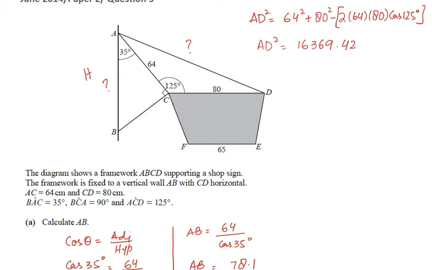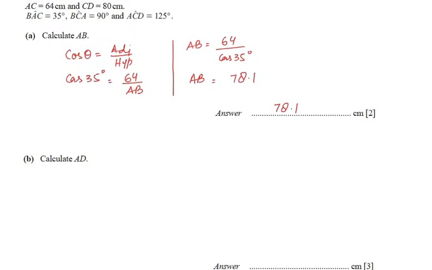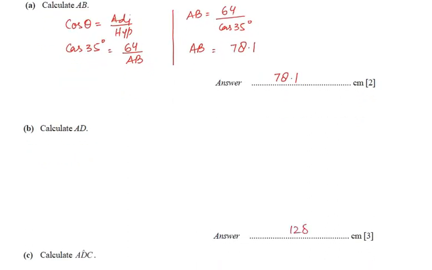Now to find the value of AD, we will take the square root on both sides, the square root of 16,369.42. So AD is equal to 127.94, and if we write the answer correct to 3 significant figures, it will be 128. So the length of AD is 128. Here in the final answer space you will write 128.